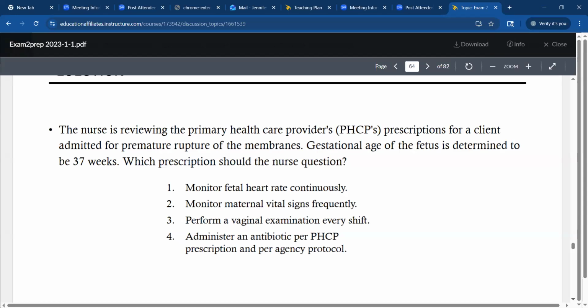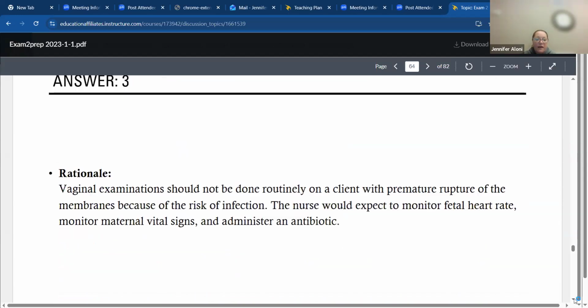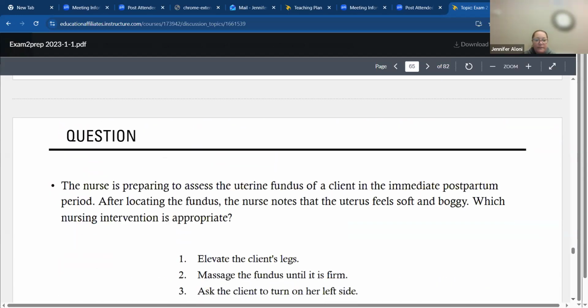Well, first we're going to be introducing infection and bacteria. Good. You're going to monitor that fetal heart rate. You're going to monitor maternal signs for chorio, for that infection. You're going to do antibiotics. So you don't want to be doing a vaginal exam unless you need to, because you're going to be introducing bacteria to something that should not be.